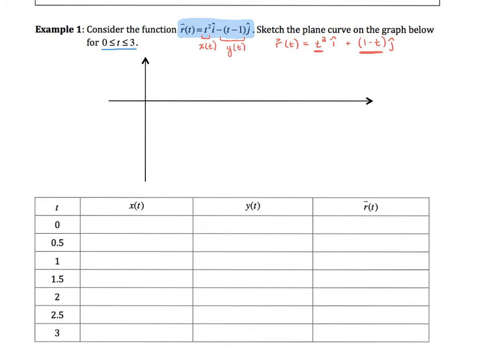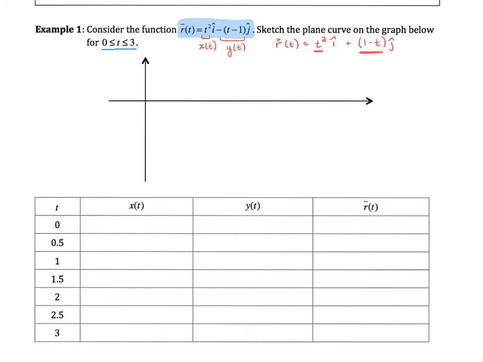Because really, we just need to get a sense for how this works. And doing the integer values of t, I think it'll be sufficient. We'll see. So basically, we're going to plug each indicated value of t into the component functions, x and y, and that will generate a vector for us.